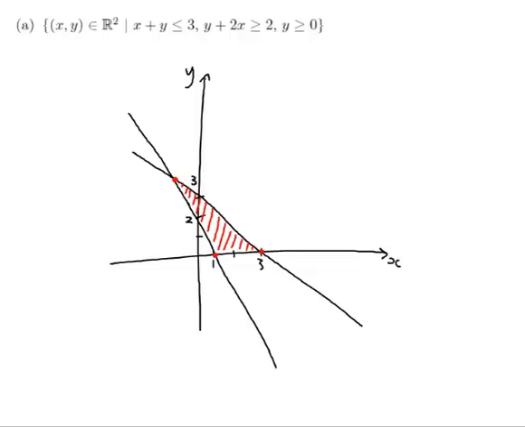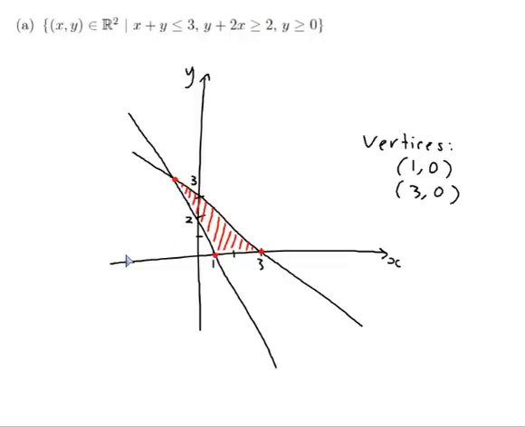So the 2 that are on the x-axis should be easier to write down. Vertices: I have 1, 0 and 3, 0. That just leaves this vertex just here.